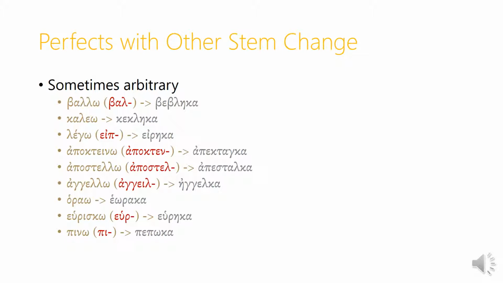Apokteno, which uses the aorist stem apokten, switches from the ten ending to the stem to a tag ending to the stem, and we have apektenka.